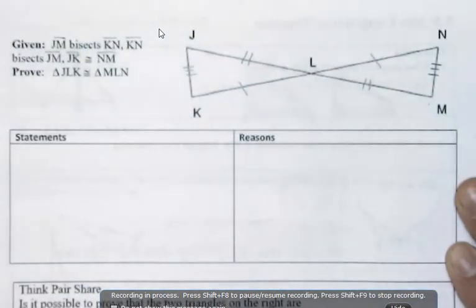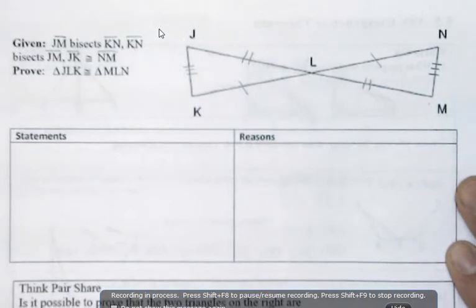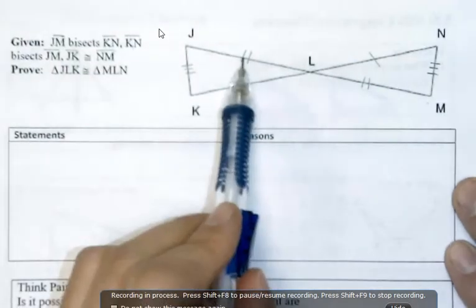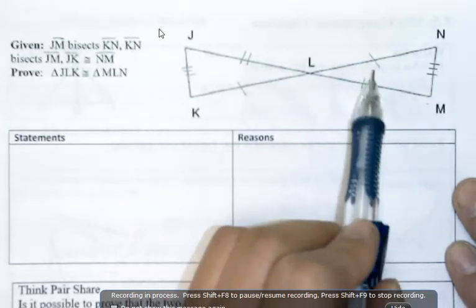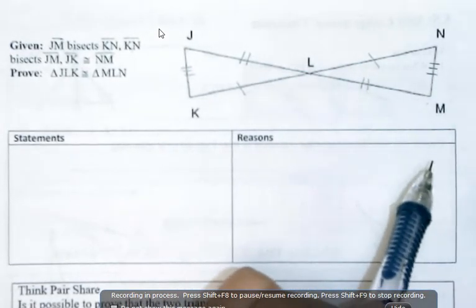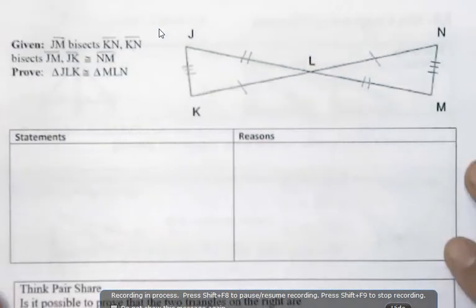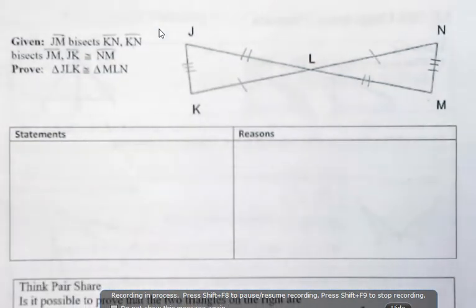Alright, so here I can see that in my two triangles I have side, side, side congruent. So this is wonderful. Now I just have to write everything we said in the formal proof.